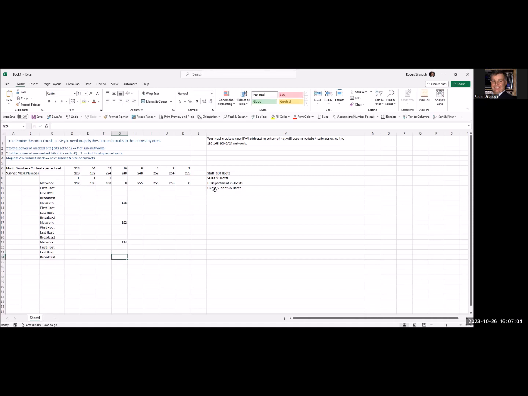And then lastly, we need another 25 host network. So we would add 32 to the 224, and that would give us 256. We can't have 256. 255 is the largest number we can have in network addresses.